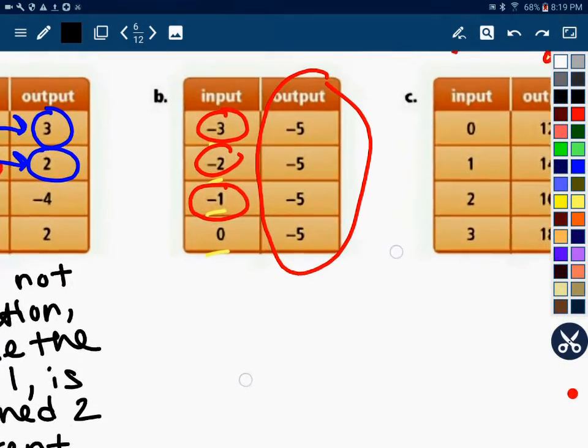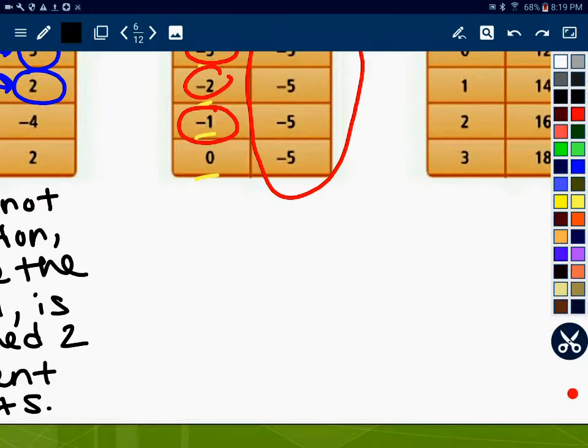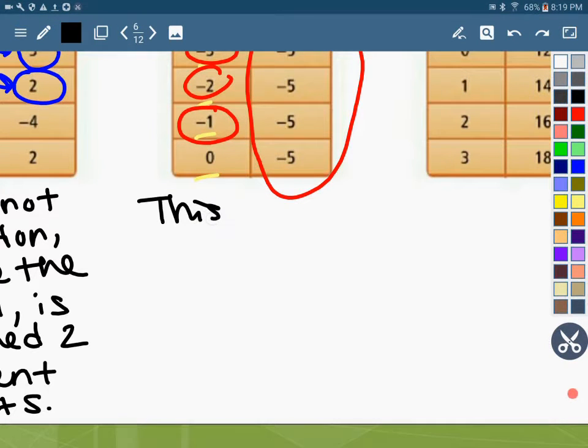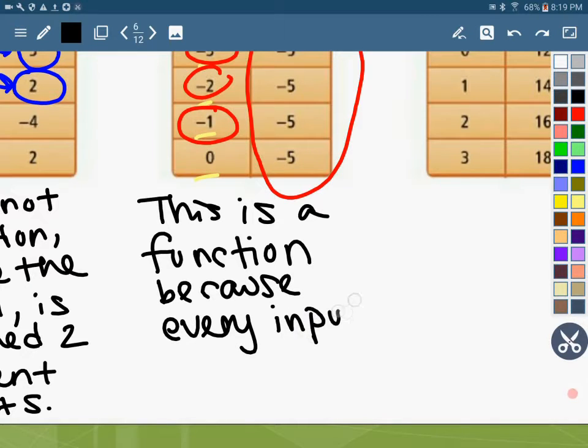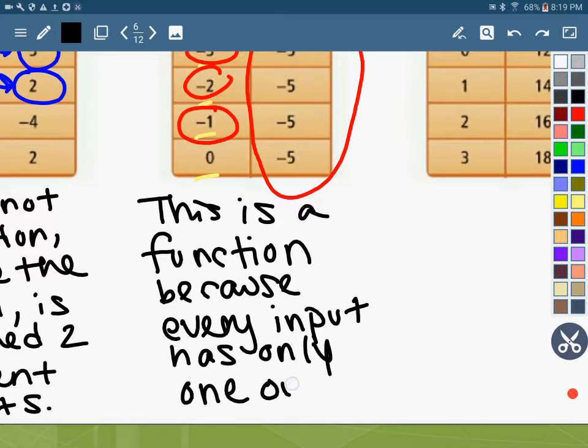So I'm going to now explain that this is a function because every input has only one output.